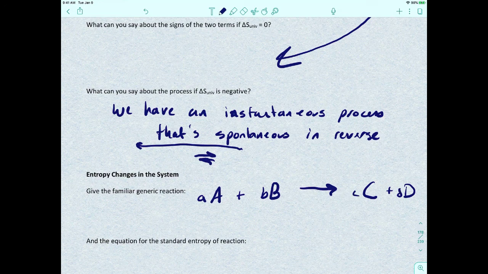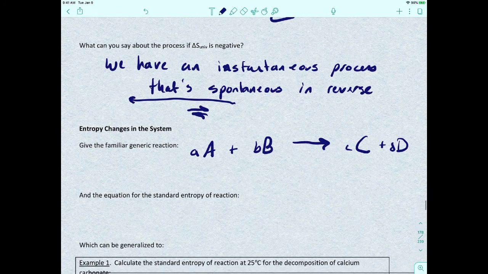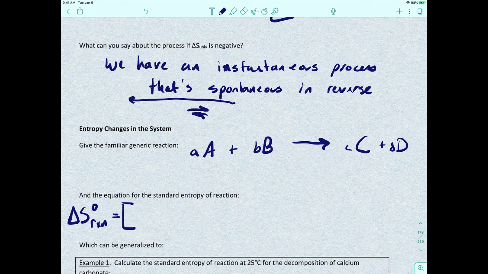We could calculate the entropy of the reaction at standard state. This would be equal to the products minus reactants. So it would be the change in entropy standard state of the products minus the change in entropy standard state for the reactants.